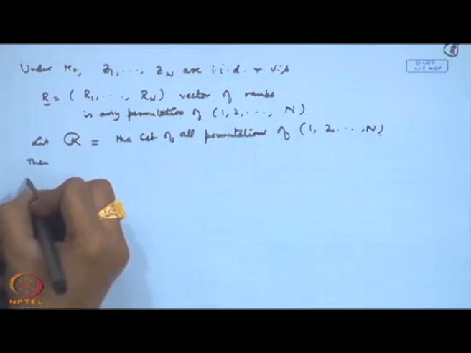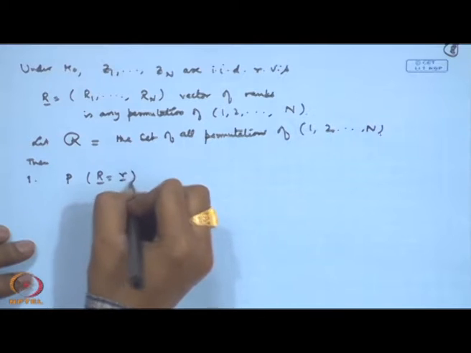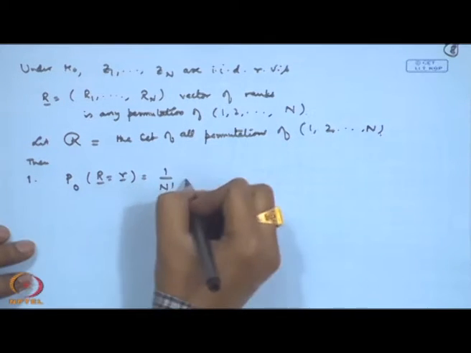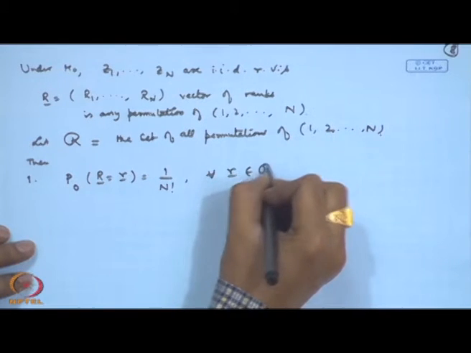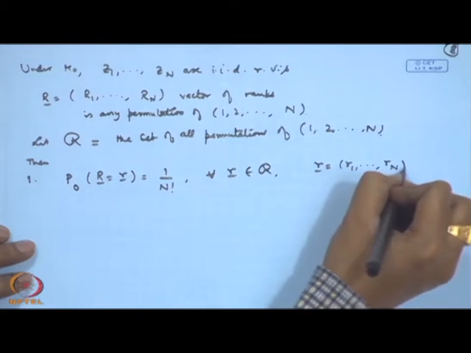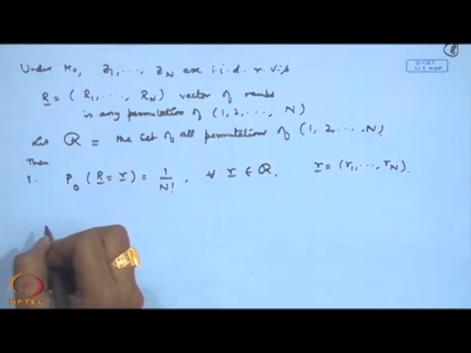Then the first result is that under the null hypothesis each of the permutations will be equally likely. Let us look at an elementary proof of this.